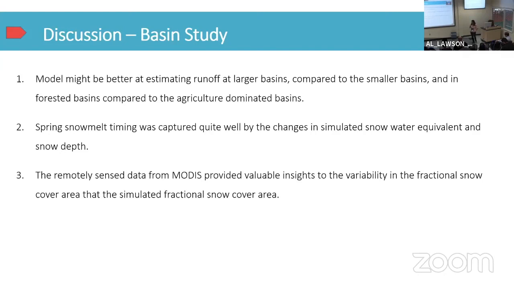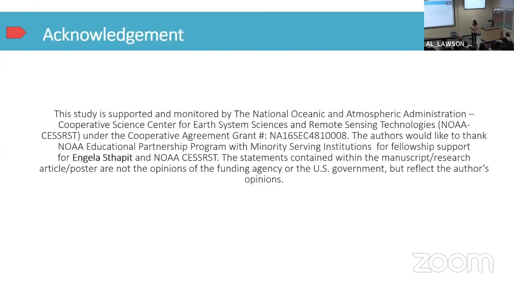The simulated snow depth and SWE seems very valuable to time the snow melt during spring, which impacts the community a great deal because of the flooding and other things that are associated with it. And remotely sensed MODIS data provided some good insights.